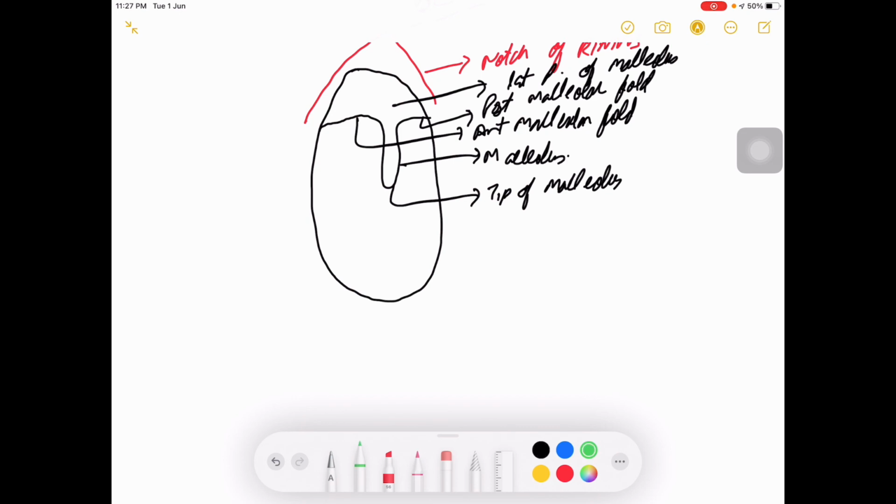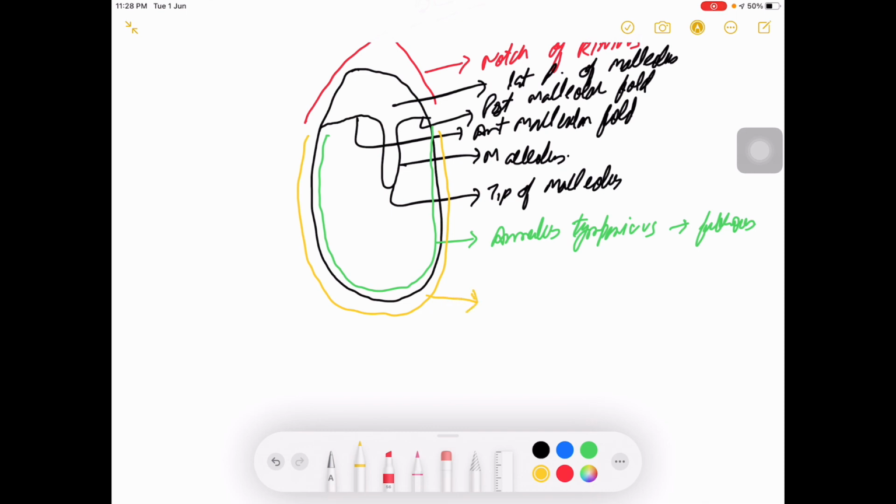So inside it you have a structure. This structure is known as annulus tympanicus. This is basically fibrous in nature, and this structure is present in a fossa. The lower part is in a fossa, not a fossa, sorry, better to call it a sulcus.